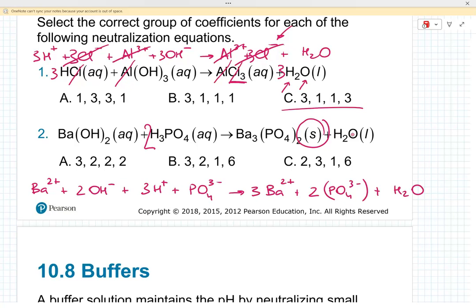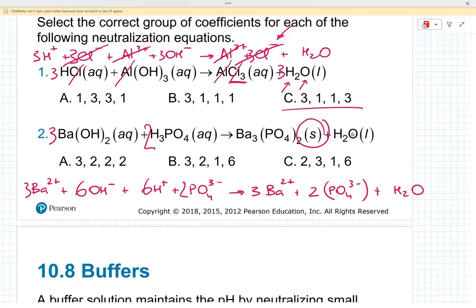Makes sense? So 2, and now it's going to be 6 hydrogens. Okay? How many barium do we have on the left? No, on the left 1, on the right 3. So we're going to put 3 in front of barium.